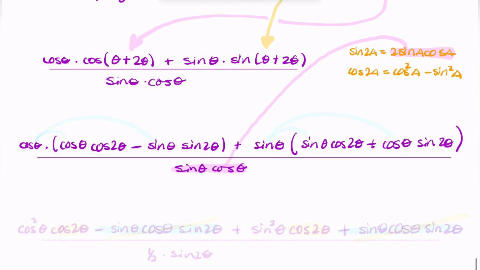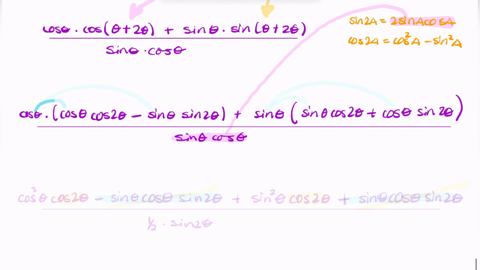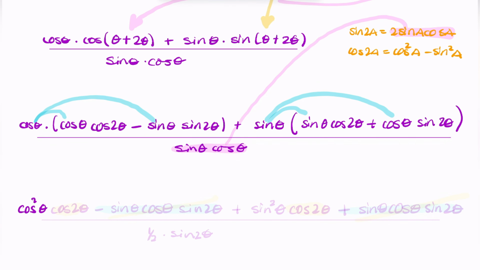And I suppose we should multiply the cosine and multiply the sine and see if that simplifies our expression for us. So that looks like it's going to give me cosine squared theta cosine 2 theta, minus sine theta cosine theta sine 2 theta, plus sine squared theta cosine 2 theta, plus sine theta cosine theta sine 2 theta.